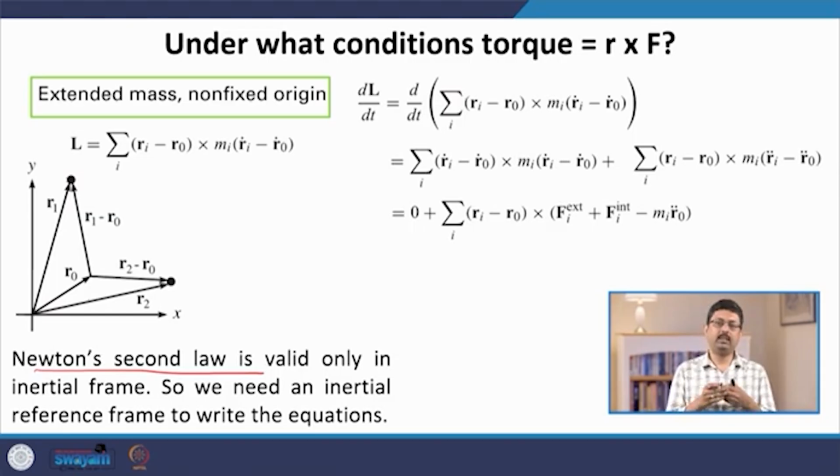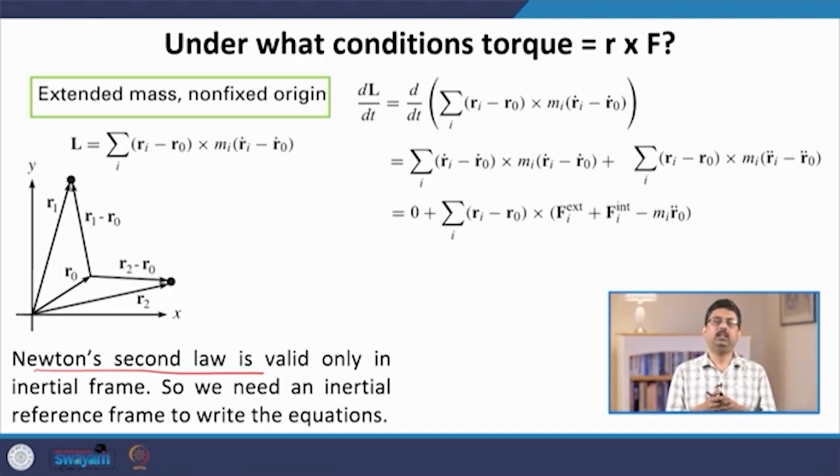This is a very interesting situation which we did not discuss earlier in our course, and we will only briefly mention it here. This is a non-inertial or accelerating frame of reference.